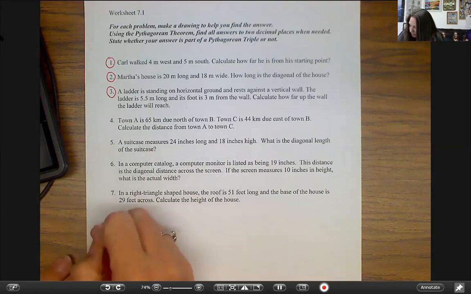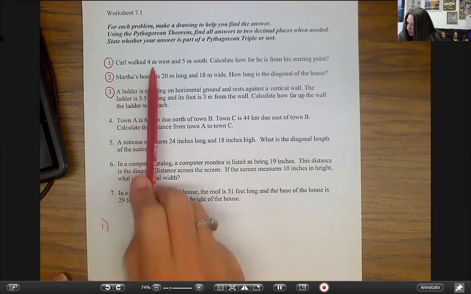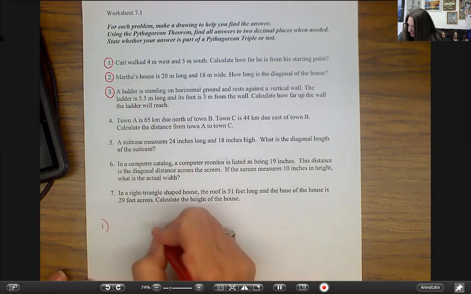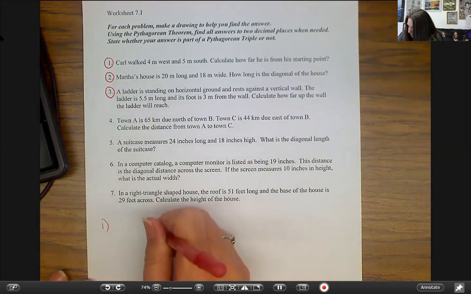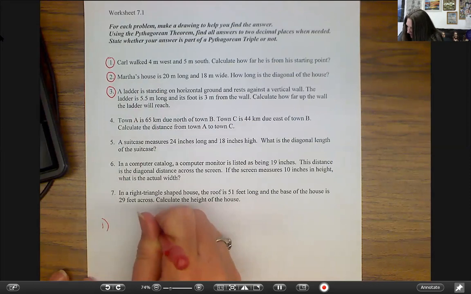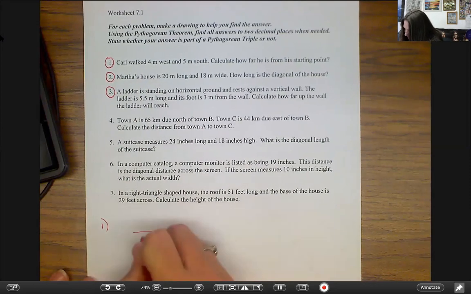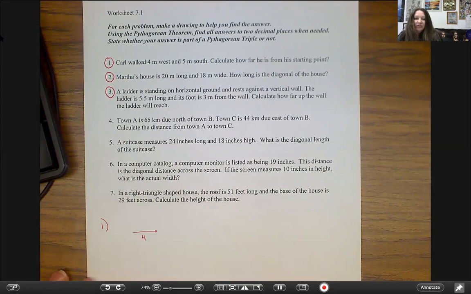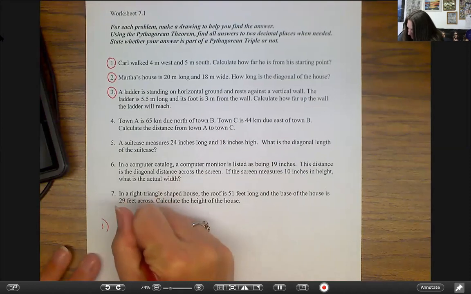Okay, so in number 1, we have Carl walked 4 meters west. So just kind of pick a starting point here. 4 meters directly west would be in this direction, so I could label that as 4 units. And then from here, we're moving 5 meters south.